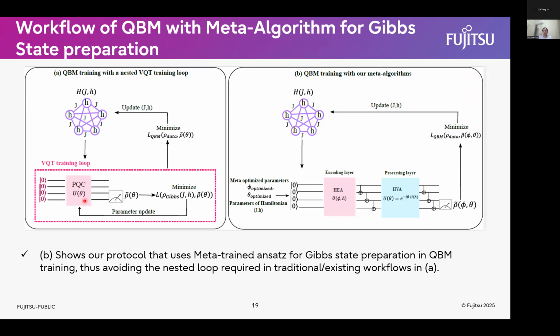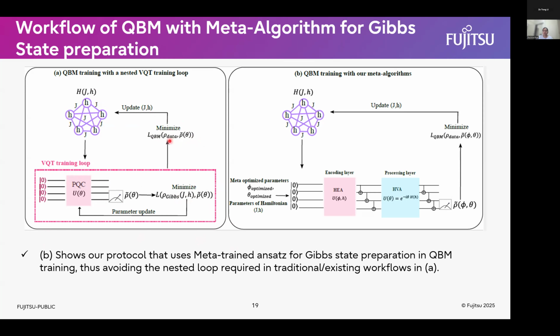Usually, from the variational perspective, we use a variational technique, for example the variational quantum thermalizer, for preparing the Gibbs state of this Hamiltonian. And this itself is a separate training loop. Once this training is done, we try to match the Gibbs state obtained from the VQT with that of the input data, and update the parameters of the Hamiltonian.